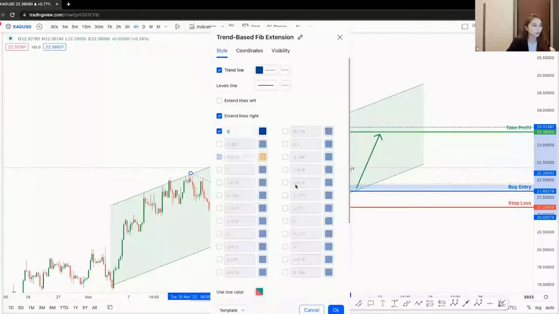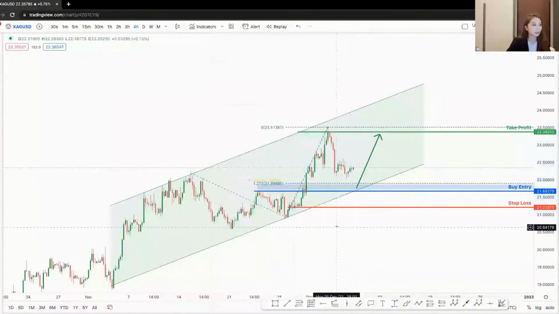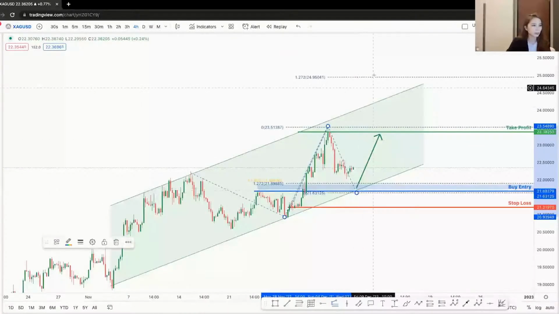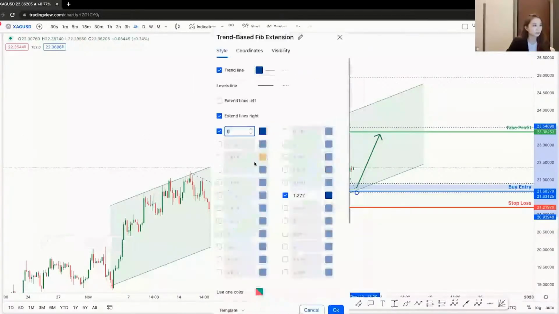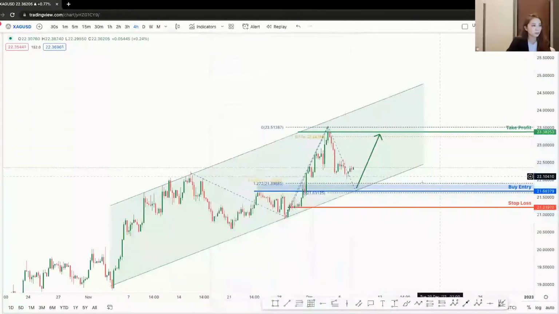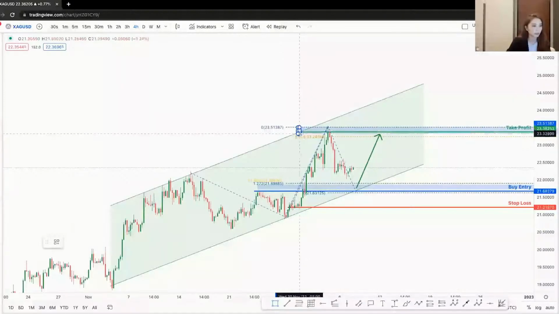Drawn wrongly. Okay, so 127.2 coincides with our retracement. Let's take a look at our potential take profit. Looking just nice at the candle wick range.